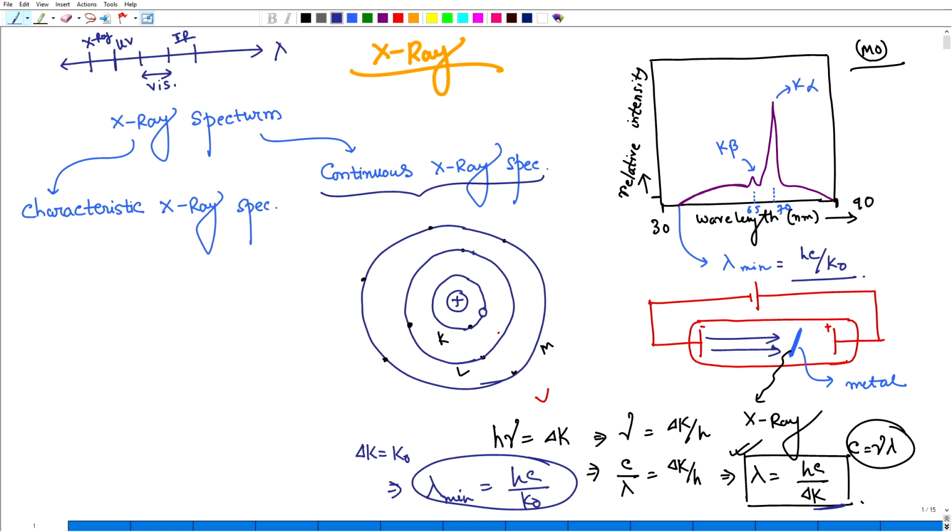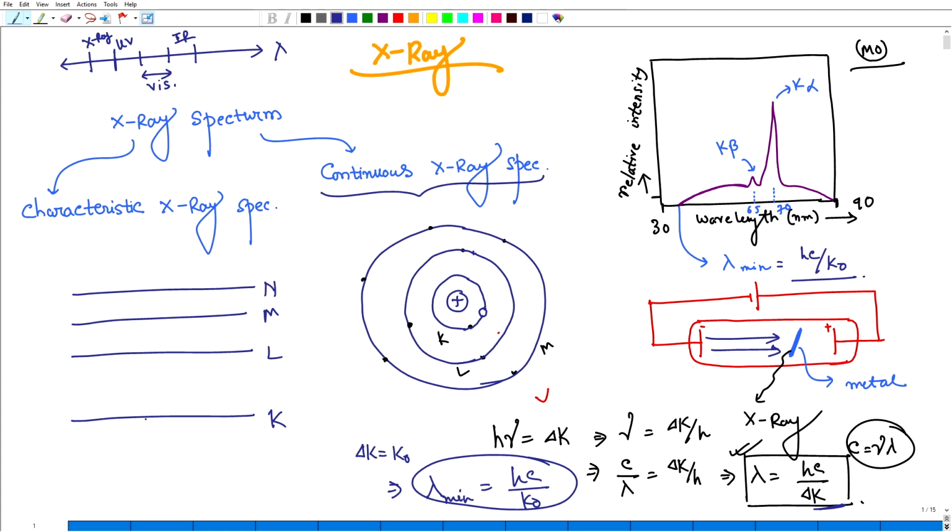So what are those? Let's say we draw K, L, M, N. If there is a vacuum in the K orbit and one electron comes from L or M, then this energy gap corresponds to the X-ray.